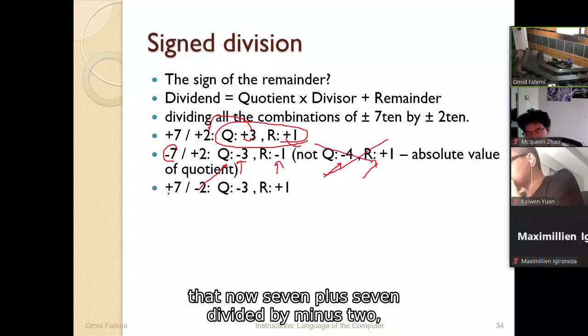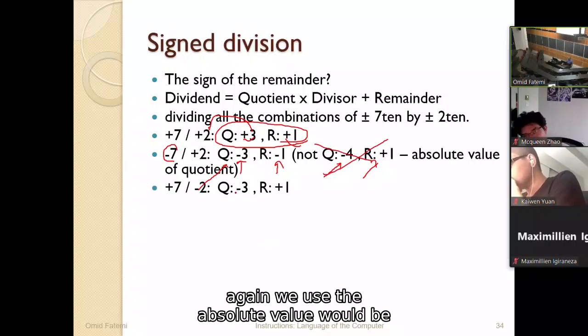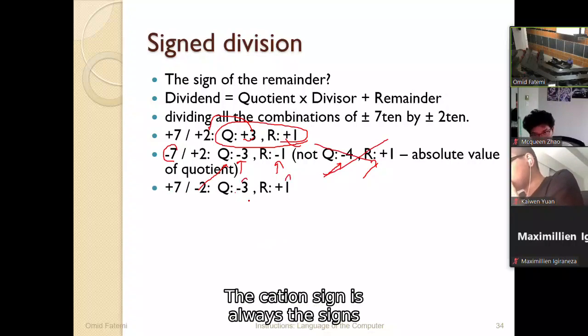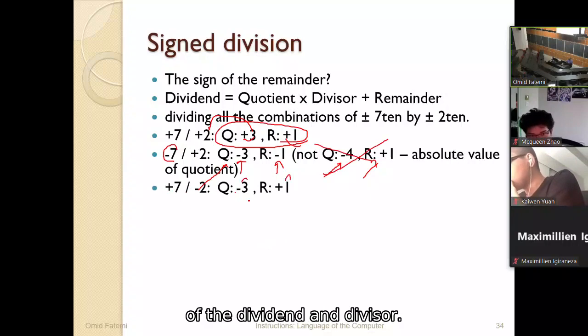Now see plus 7 divided by minus 2. Again, we use the absolute values, which give 3 and 1. And what about the signs? The quotient sign is simple. The quotient sign is always determined by the signs of the dividend and divisor.